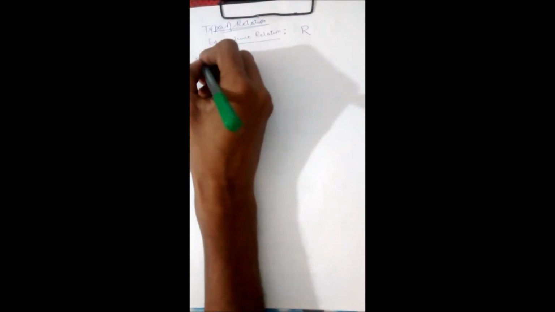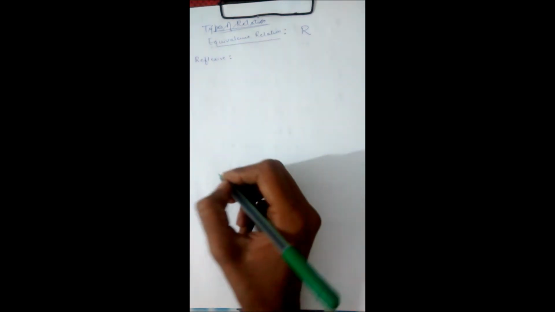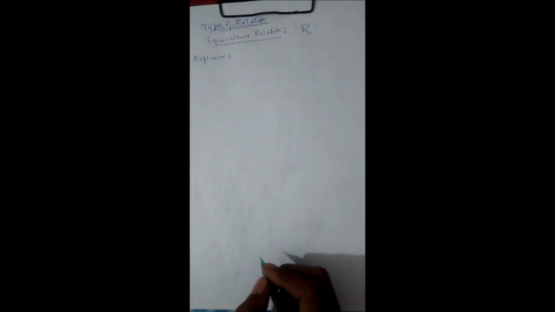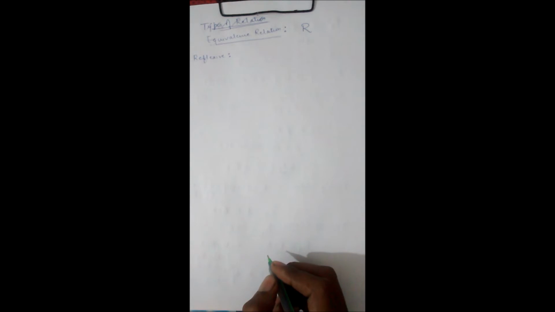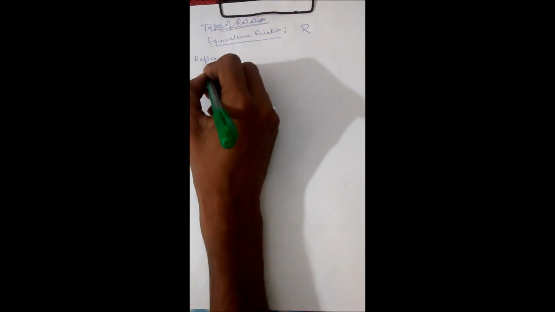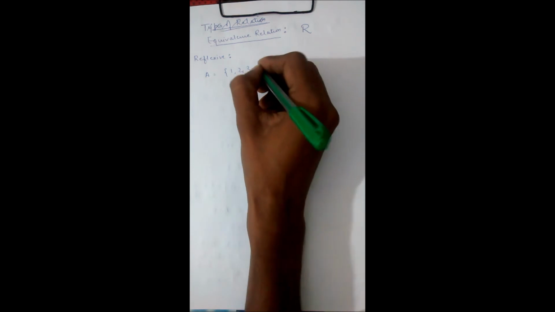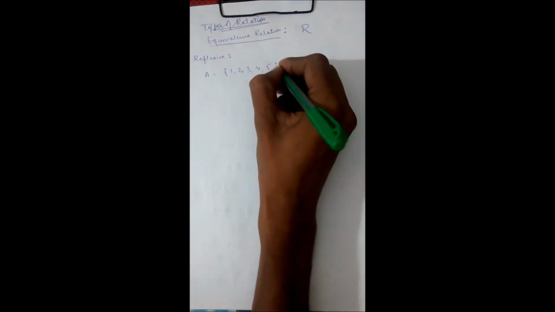So first thing is reflexive. First requirement is that my relation R should be reflexive. Now what do I mean by reflexive? We'll take an example again. A equals 1, 2, 3, 4, 5.